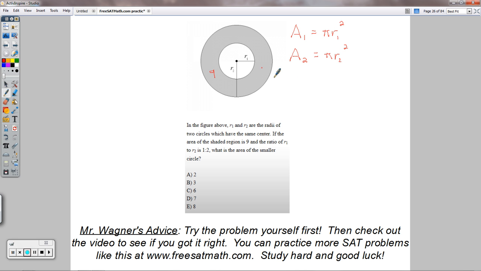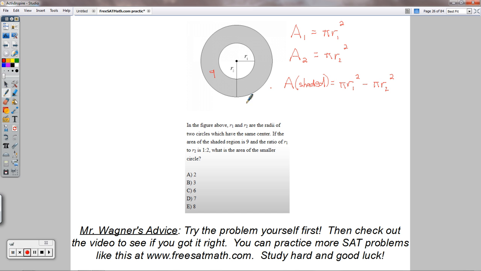The area of the shaded part would be this one minus this one: pi r1 squared minus pi times r2 squared.